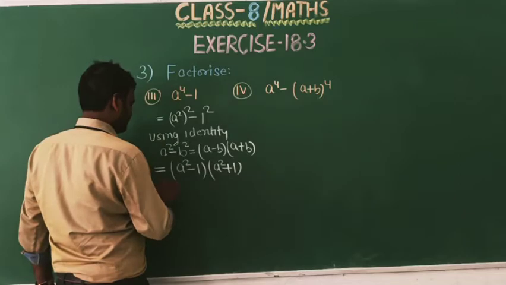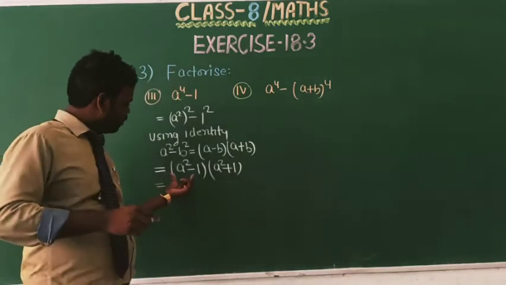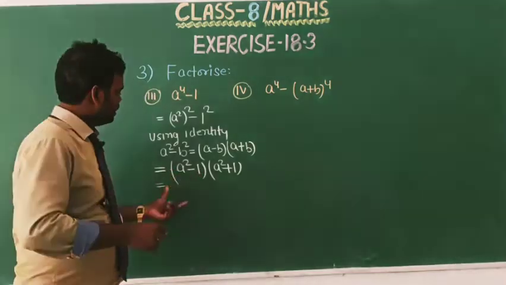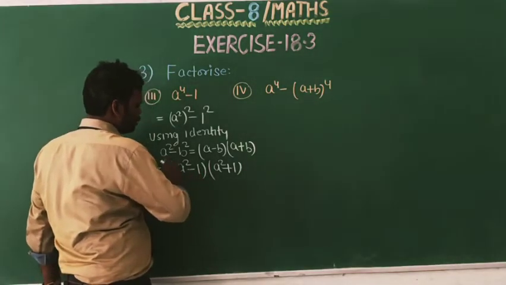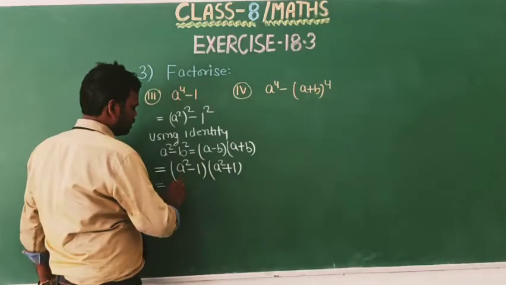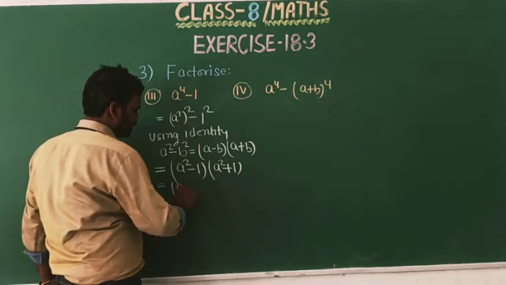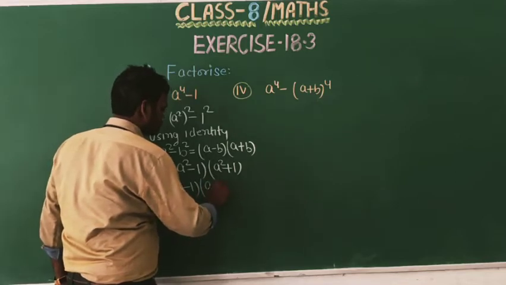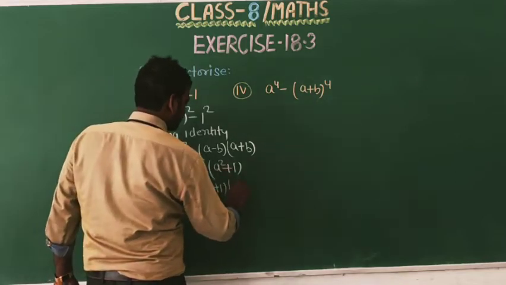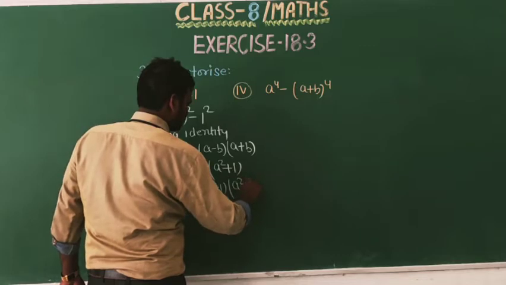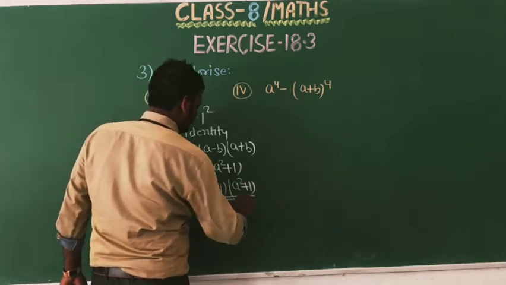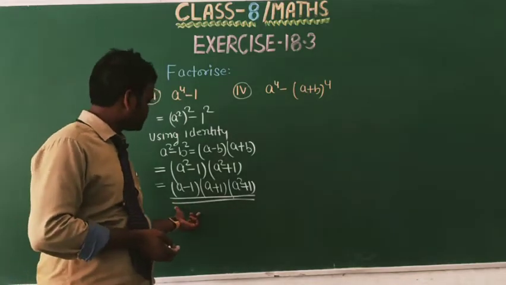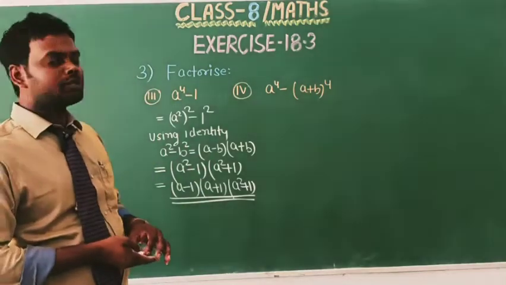Now again a square minus 1 can be expressed using the identity a square minus b square, so in one bracket a minus 1 and a plus 1, and the other is a square plus 1. These are the factors of a to the power 4 minus 1.